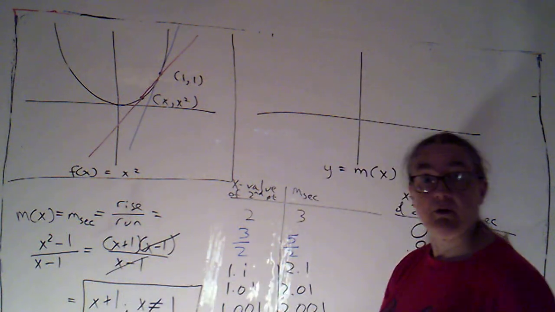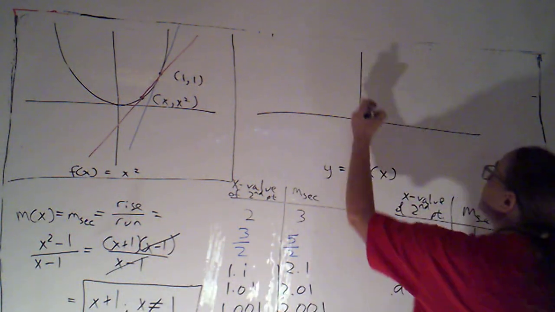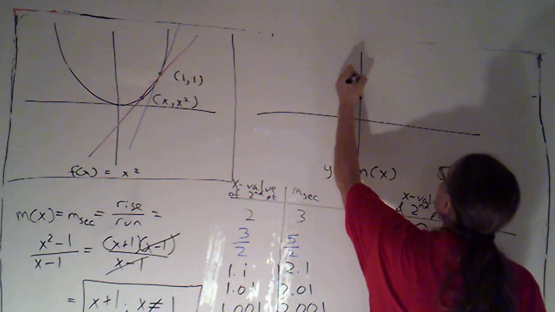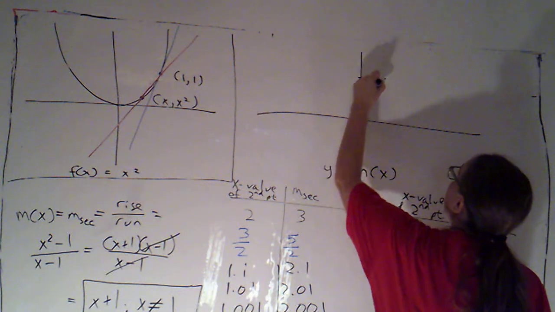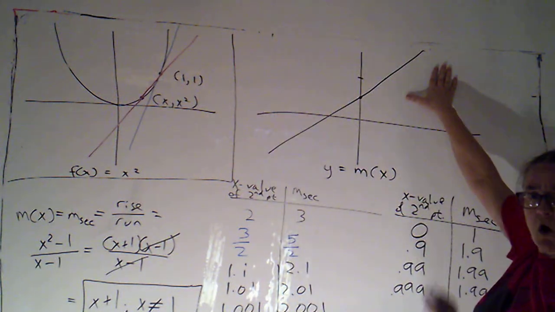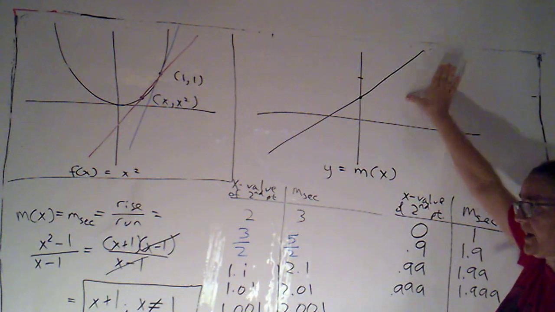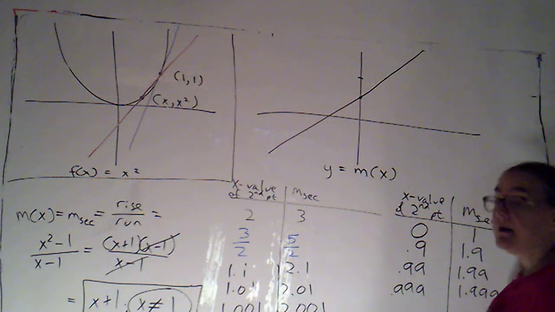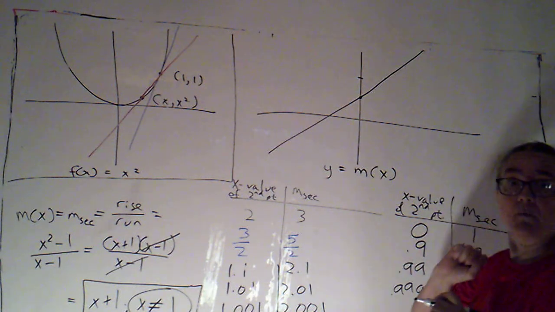But now I know how to graph that, because I know what x plus 1 looks like. X plus 1, we just have a y-intercept at 1, go up 1 over 1, and connect the dots. Now that's x plus 1. I've actually graphed too much there, because I'm not supposed to have a point when x is 1. So I'm going to have to erase that 1 point.